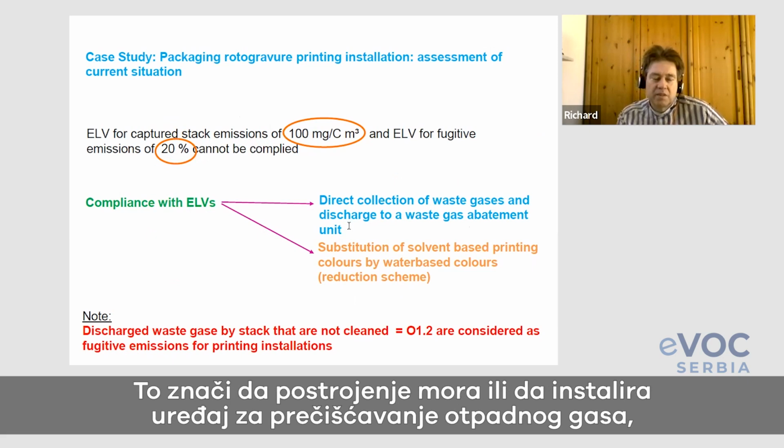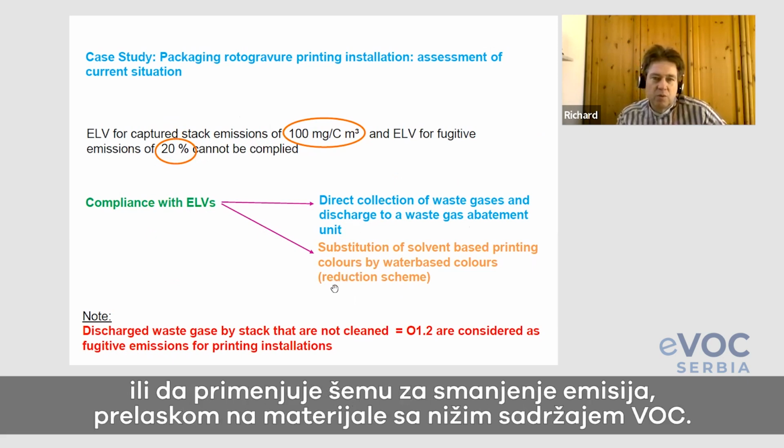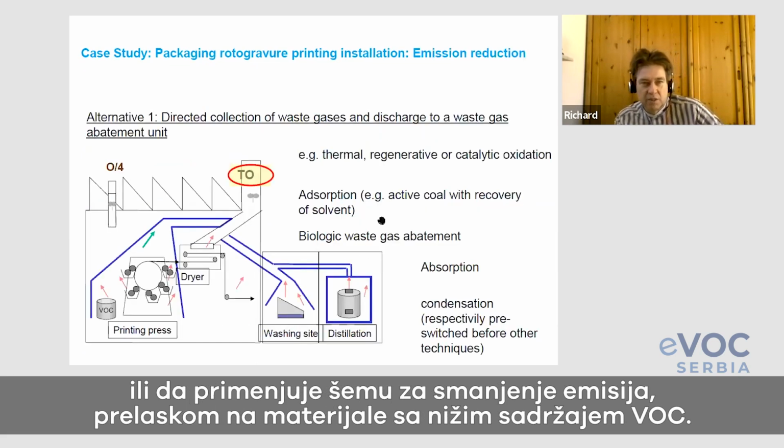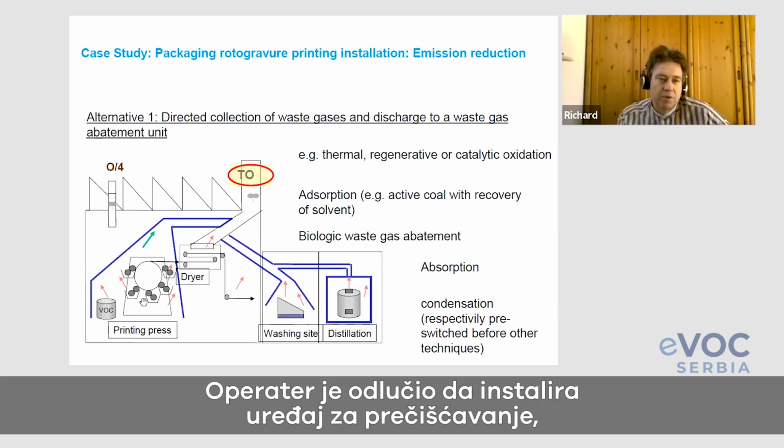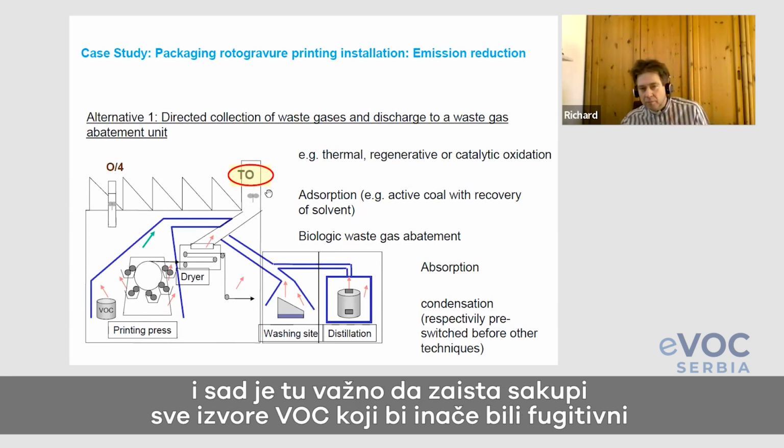So we must install a waste gas abatement, or we must do a reduction by substitution with low VOC materials. So here the operator decided to install a waste gas abatement, and now it's important, you see, I made it here with blue, to collect really all VOC sources that otherwise would be fugitive.